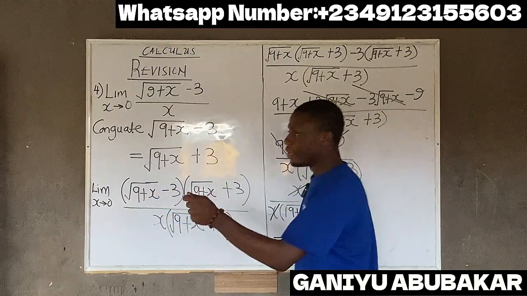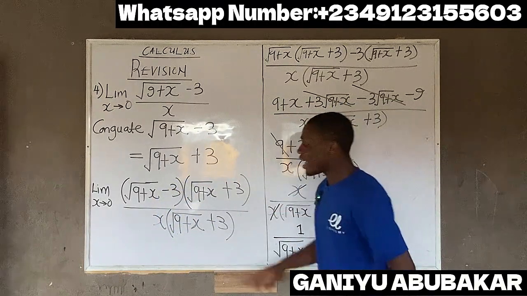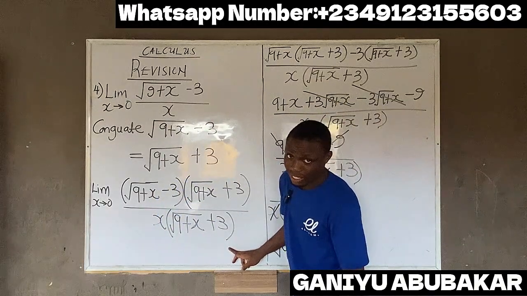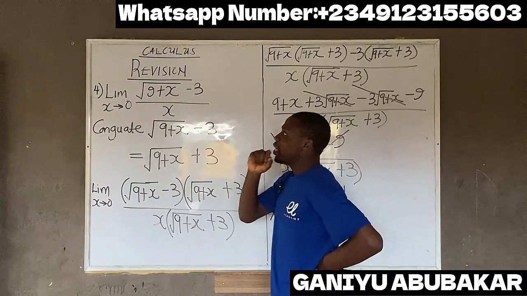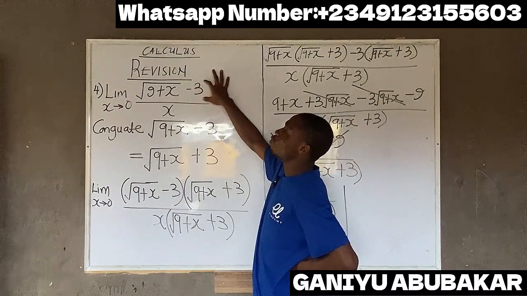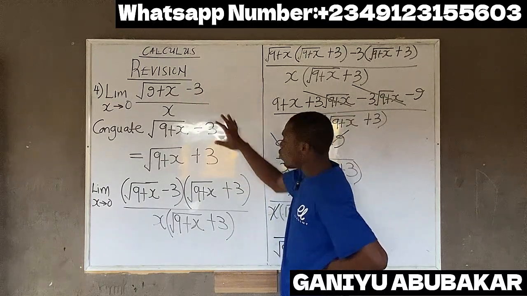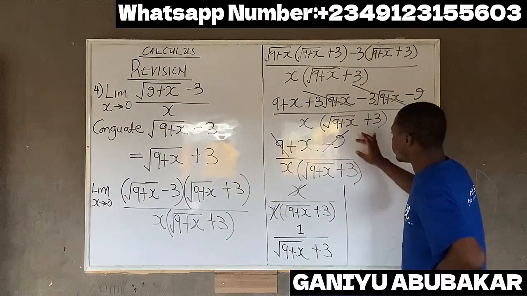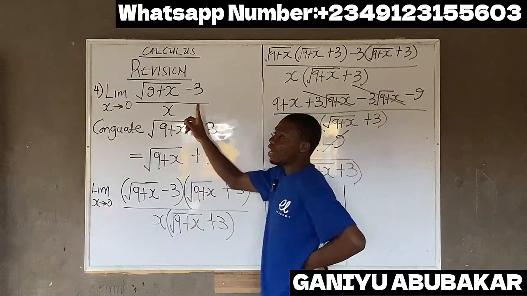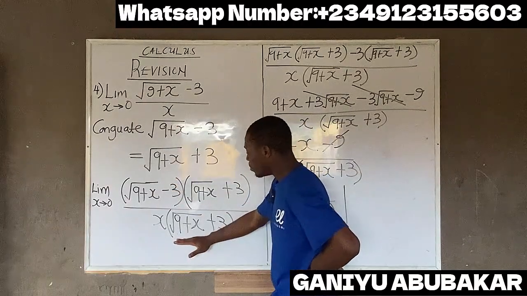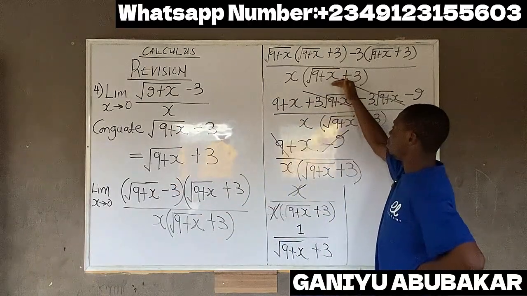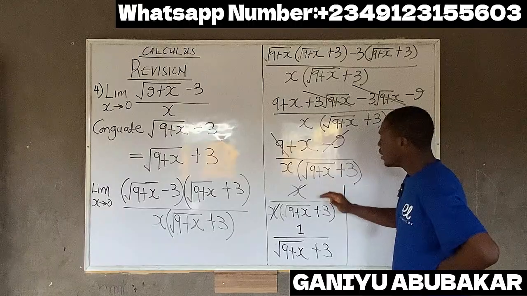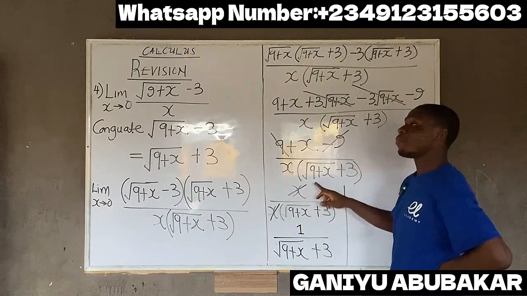It took me experience to know that I don't have to expand this. So here's the tip. If you're rationalizing the numerator, if the numerator is what you have as a square root, that is what you keep evaluating. You keep solving. But the down part does not have root, just let it remain the same. At the end of the day, something down here will cancel something up here.